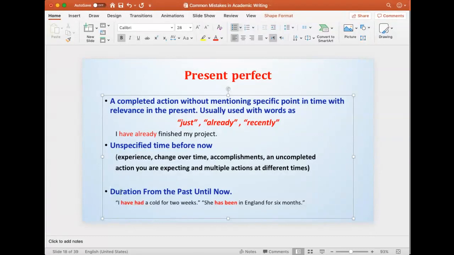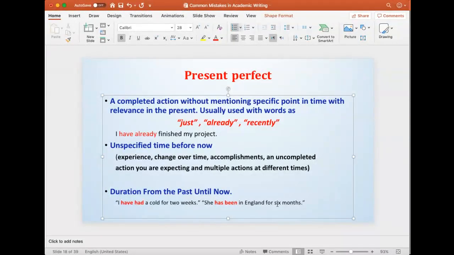And the last thing here is duration from the past until now. So I know the duration and I want to communicate it. For example, I have had a cold for 2 weeks. So there are 2 weeks here where I started having that cold until now, and it's still existing.